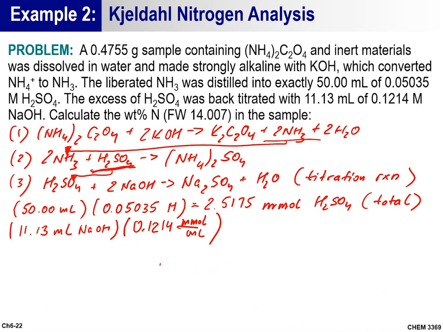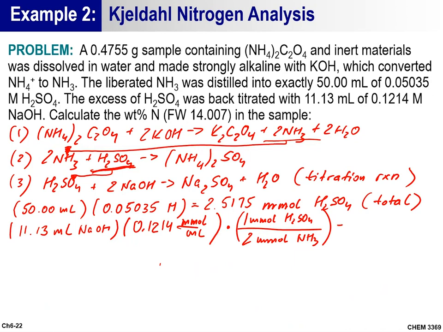Okay, so I'm looking now at the third reaction. Okay, and the stoichiometry of this reaction is we need 1 millimole of H2SO4 per 2 millimoles of NH3. So now I'm converting the millimoles of NaOH to millimoles of H2SO4, using my titration reaction.